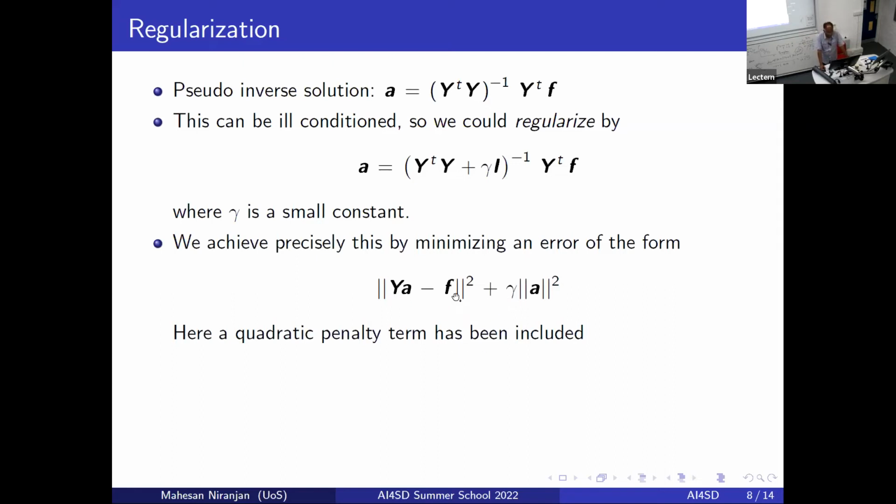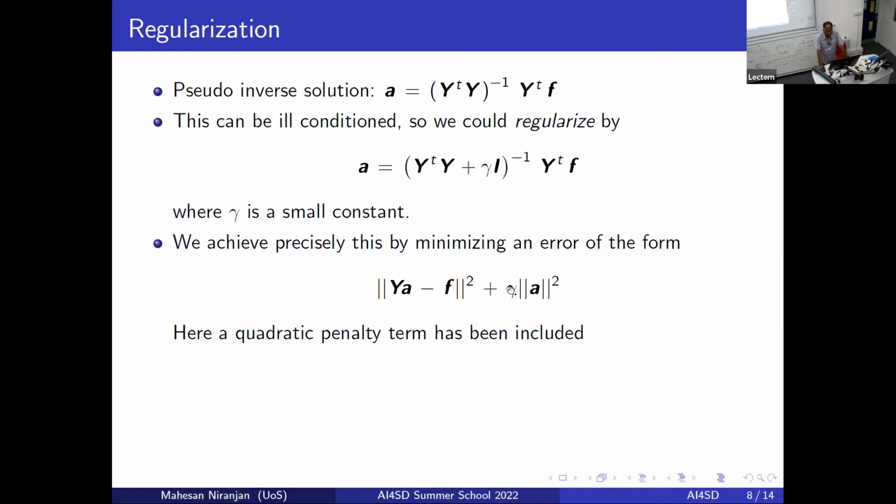This is what we saw before, YA take away F, and this is the error on the data. So the input data here, responses here, unknown parameters here. So this is my error on the data. I penalize the solution by the norm of the results that's going to come out. So now this error has a data term and a term that constrains A from reaching very large values.